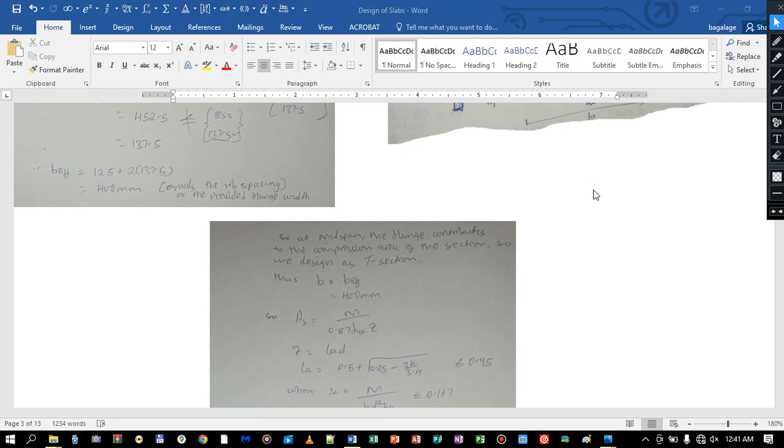The ribs and the slab are cast at once because they are a part of the slab. So in that case they end up appearing in this manner.